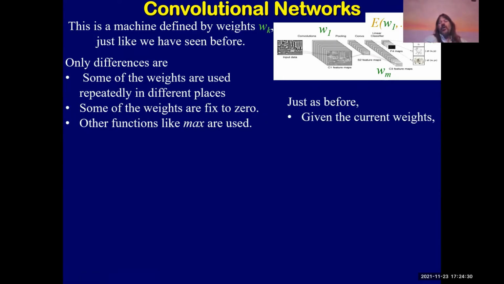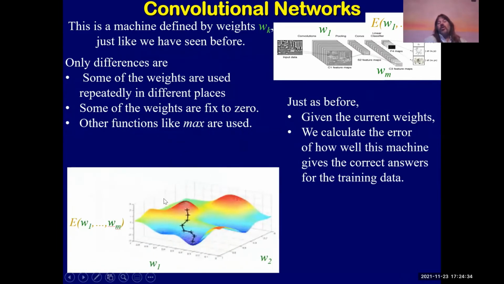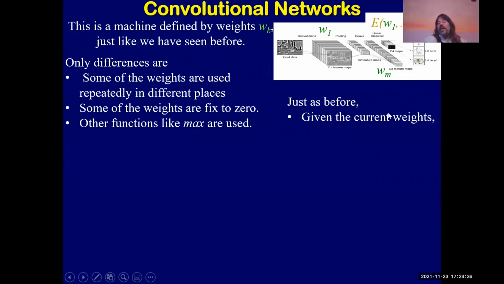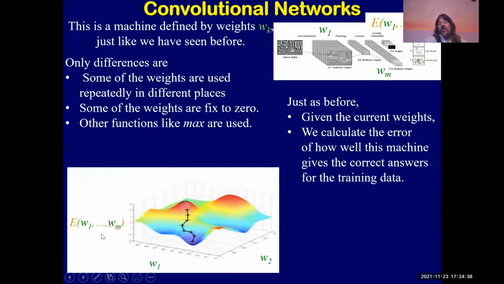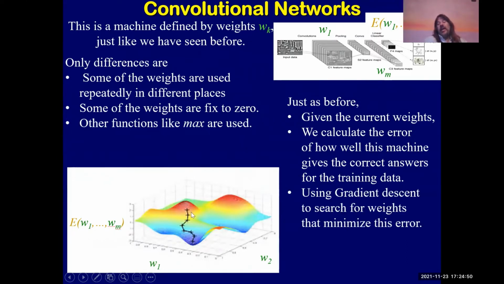How do we learn? Just as before, we have our current weights, and given our current weights, we calculate the error of how well it does. And for every possible setting of the weights, we get an error, and that gives you an error surface. And then you use gradient descent to find the weights that minimize the error of this machine, right?